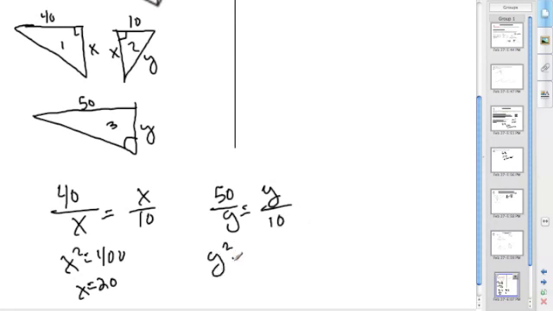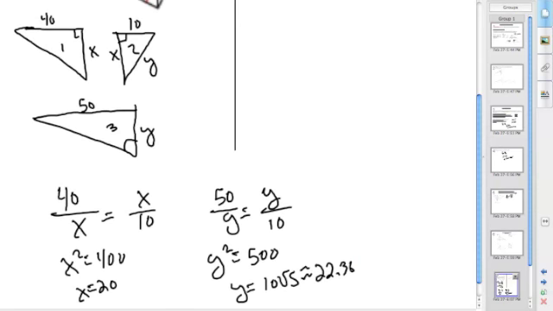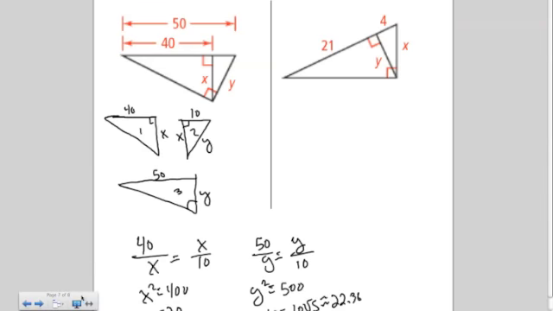So I have y squared equals 500, and the square root of 500 is y equals 10 root 5, which is about 22.36. So there's example 1. I'll do example 2 on a different slide.